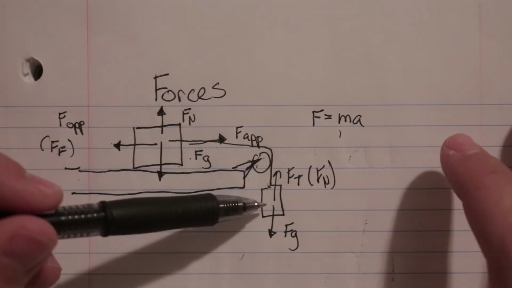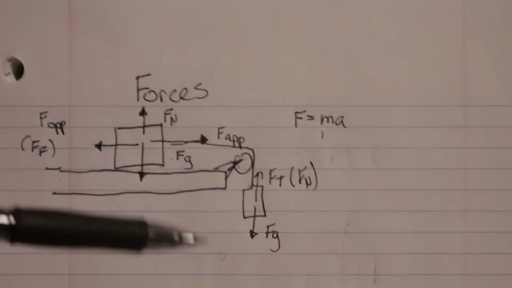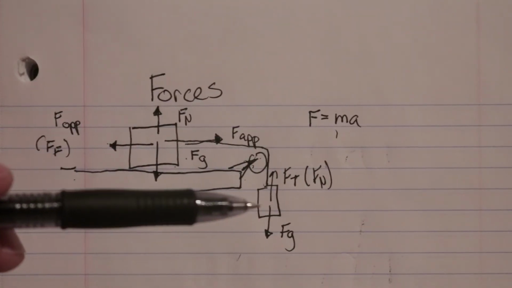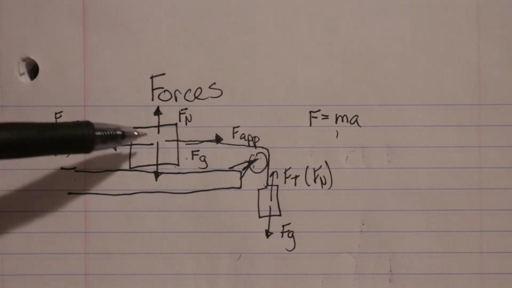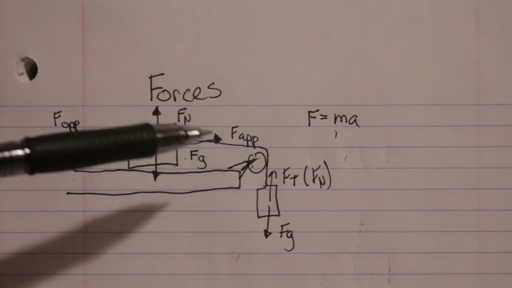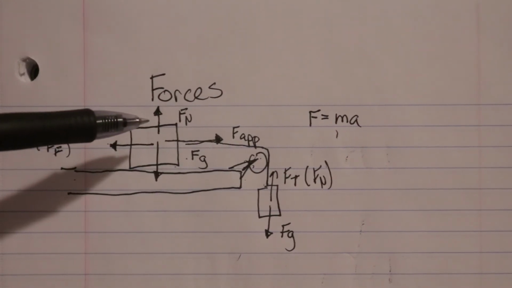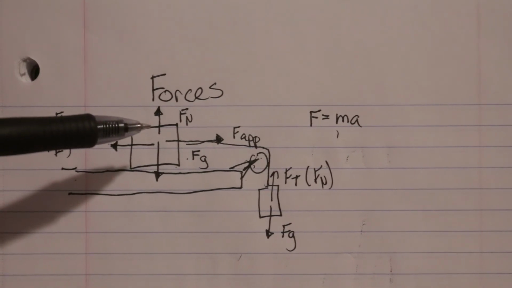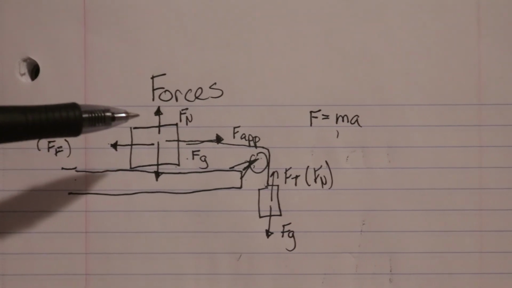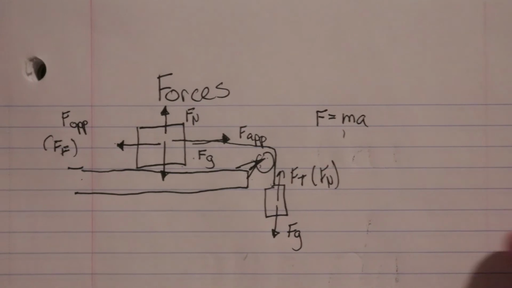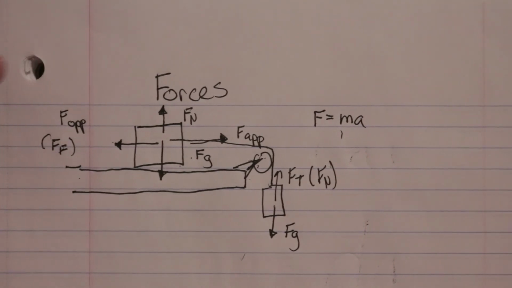The force tension is the same amount as Fg. And so the mass of this falling block is going to be the same force with negligible friction on the pulley pulling on this block. So you can get a really consistent pull or force from gravity. So those are kind of the forces acting on an object.